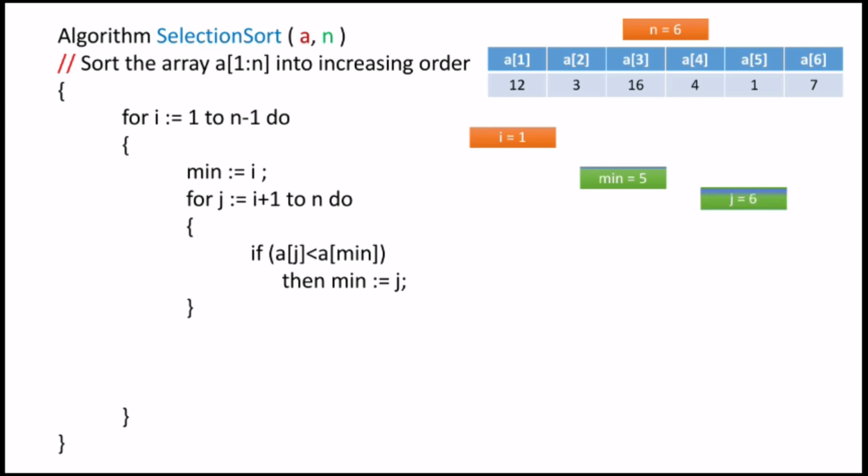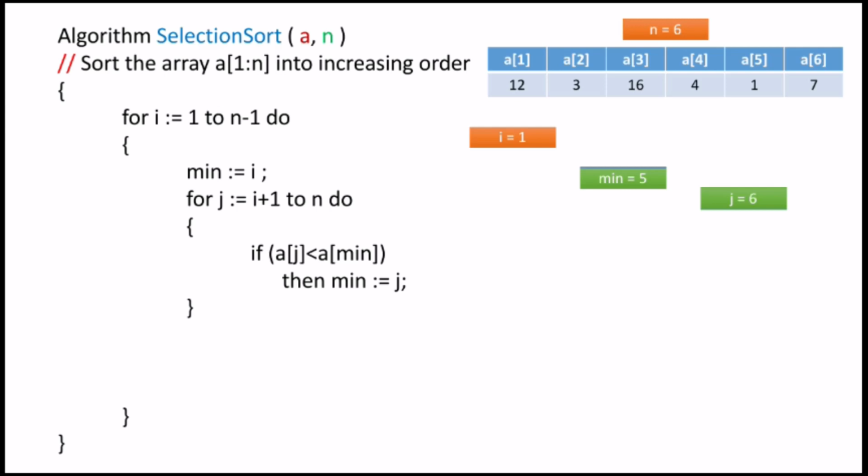Now again the value of j will be incremented. So j is now 6. Now we will compare the sixth number with the value present on min position. So here 7 is the sixth number and 1 is present on minimum position. So in this condition 7 is greater than 1, that means condition is false, and because condition is false the min value will not be changed.